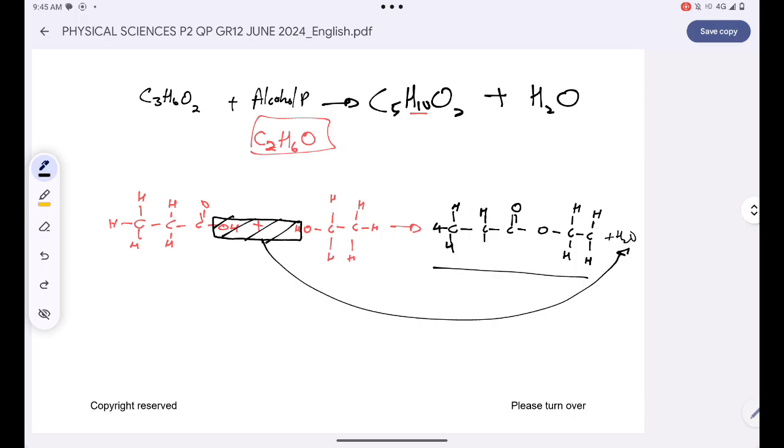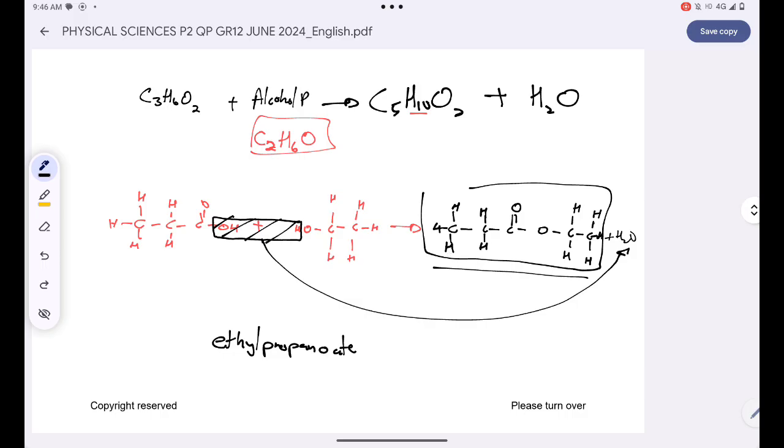Whenever we draw the structure of our ester, it's supposed to look like this. And whenever we name it, the IUPAC name will simply be ethyl propanoate. The alcohol part of it is regarded as a substituent, and the acid part is regarded as the main compound.